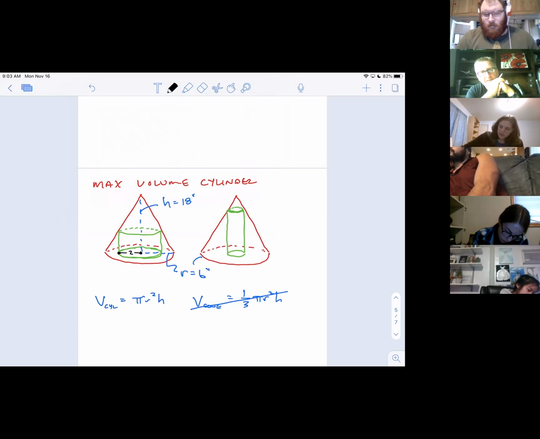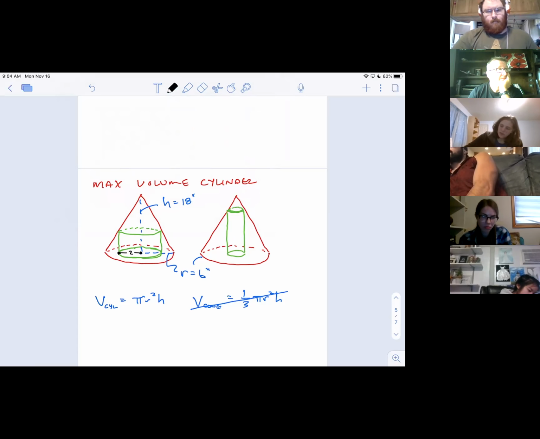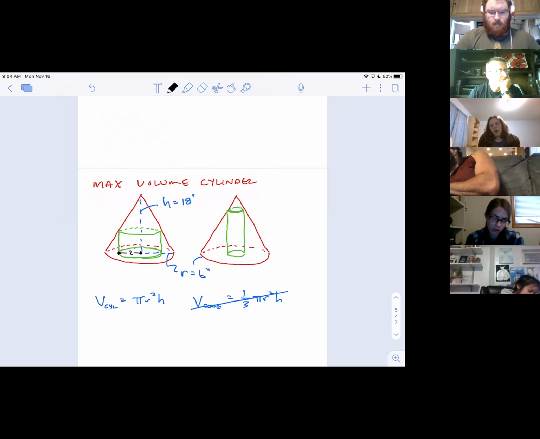By the way, does it make sense that the radius would have to be less than 6 for it to fit inside there? So I just picked 2, so that's pretty small. That's 1/3. My drawing doesn't match that very well.